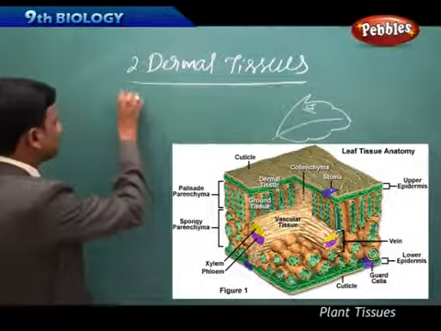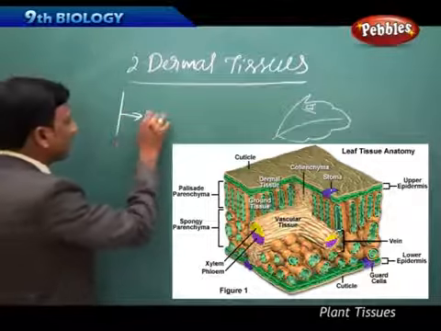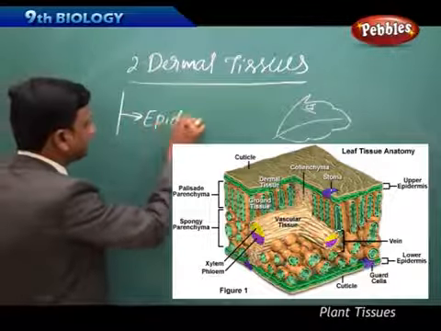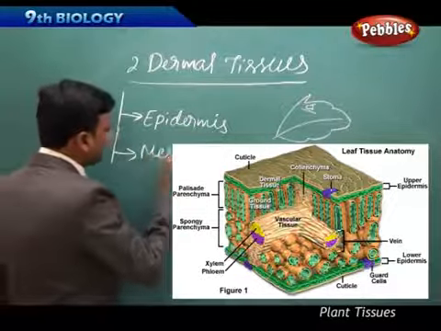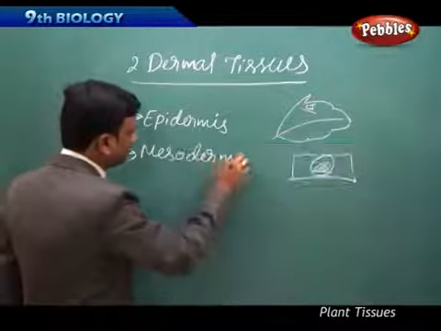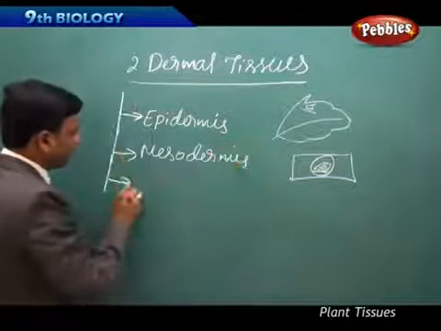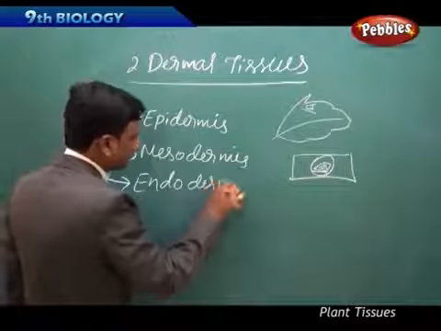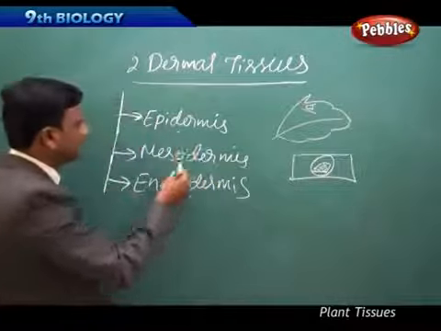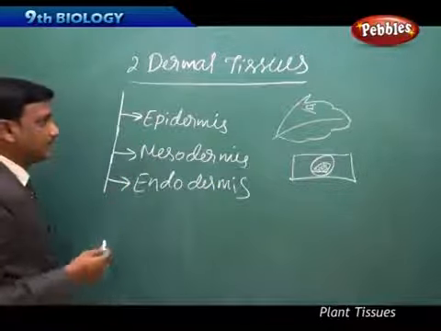So dermal tissues are basically of three types. One is epidermis, and the second one is mesodermis, and the inner one is endodermis. So these are the three different types of dermal tissues.